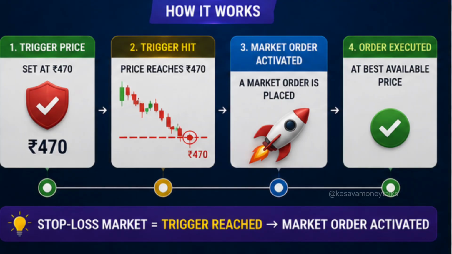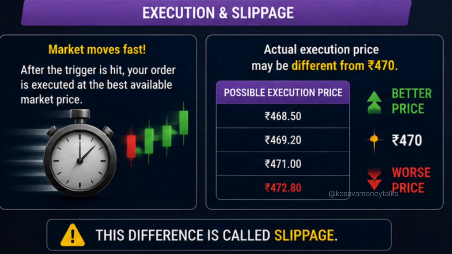It then attempts to execute at the best available market price. Because the market price can move quickly, the actual execution price may be different from 470 rupees. This difference is called slippage. So remember, stop loss market means trigger reached, market order activated.